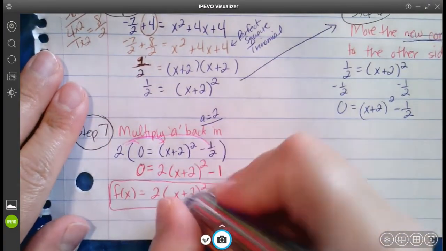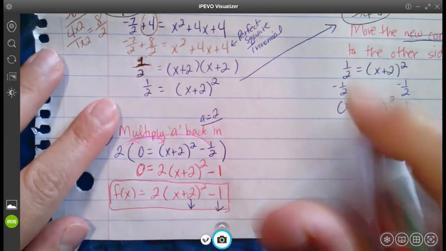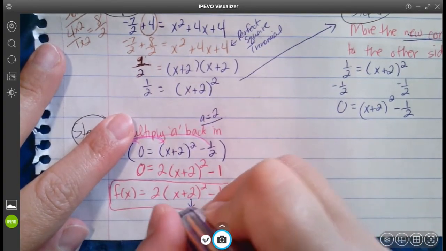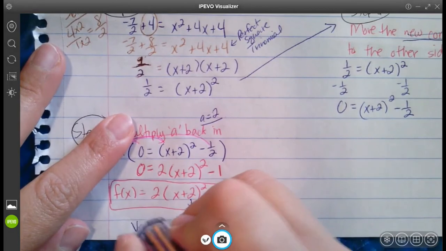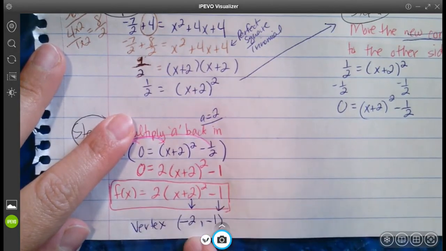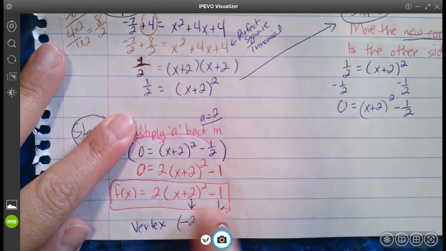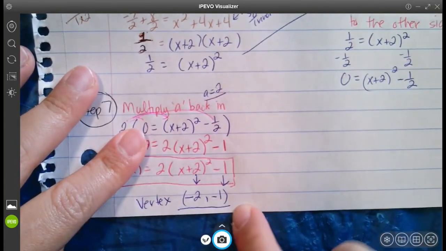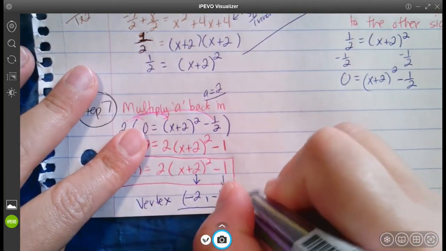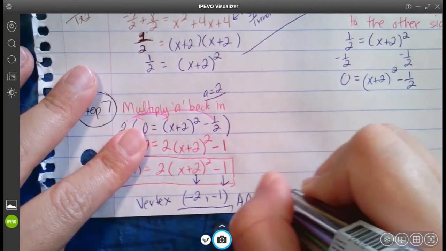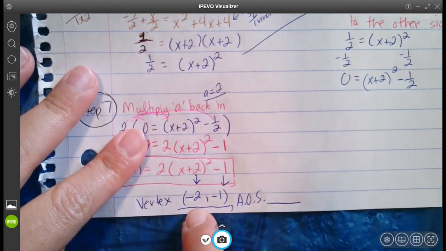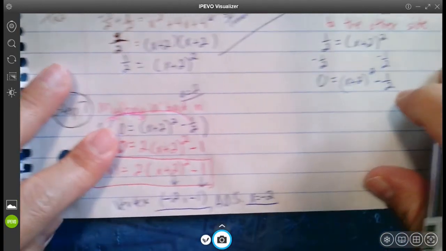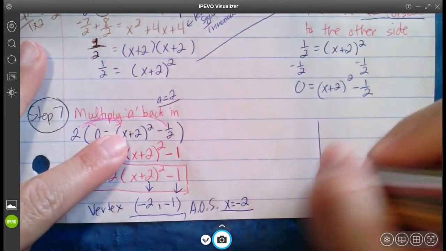We know that our vertex is going to be -2, -1, because remember the vertex is usually the opposite of whatever's in the parentheses and the same as whatever's on the outside. Then straight from here, we can get our axis of symmetry, because it's the same as the x value here. So x equals -2.